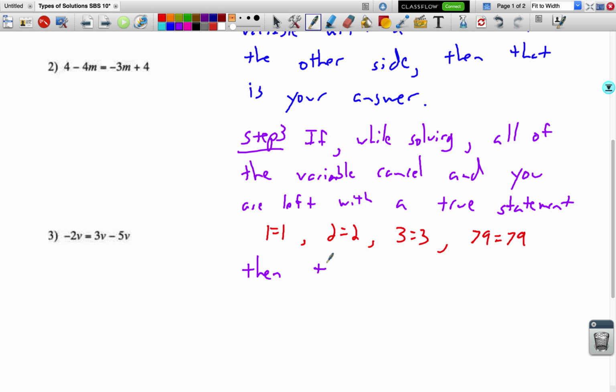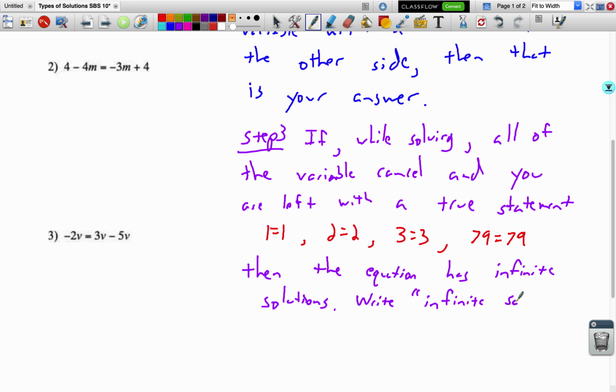then the equation has infinite solutions. So you write infinite solutions.